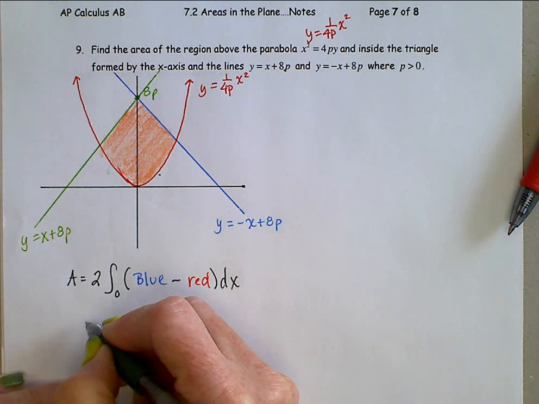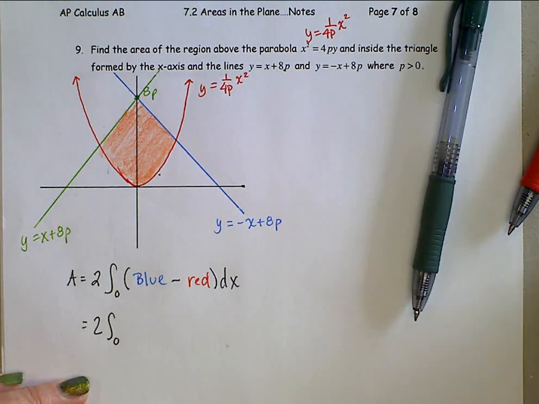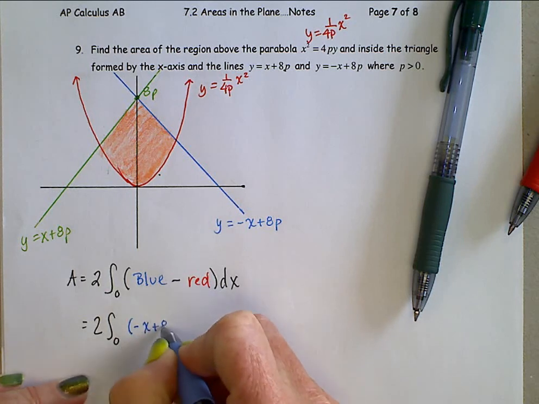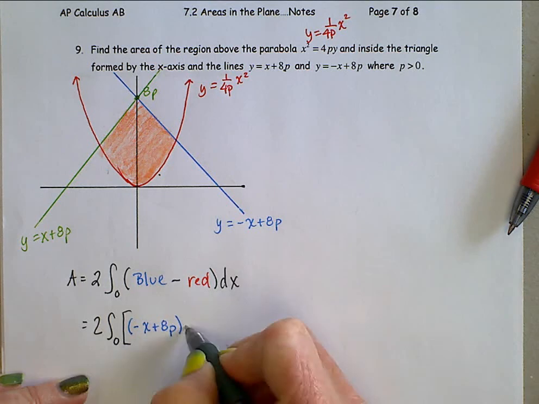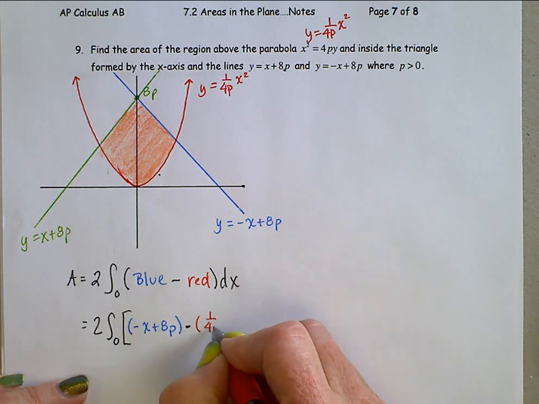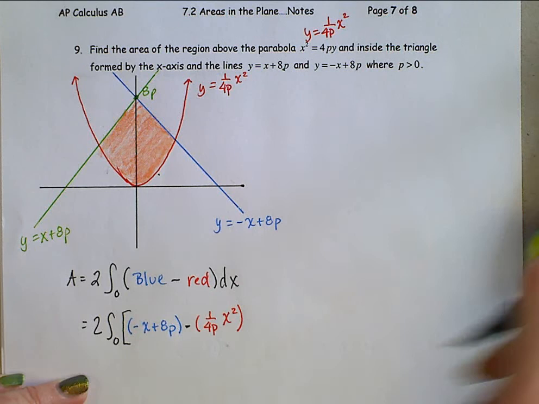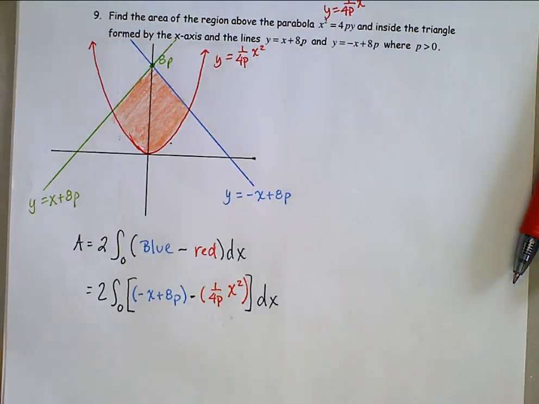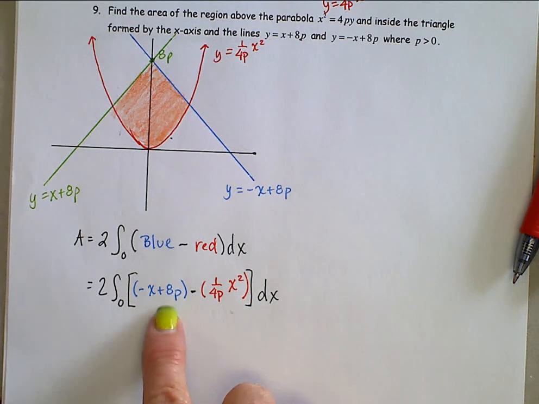We can plug in those functions. The blue one is negative x plus 8p, minus the red one, which is 1 over 4p x squared, dx. All right, we cannot combine any like terms here, so that's the function that we need to integrate.